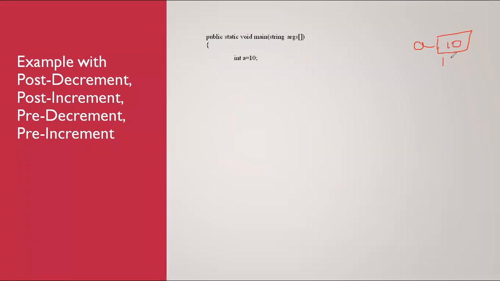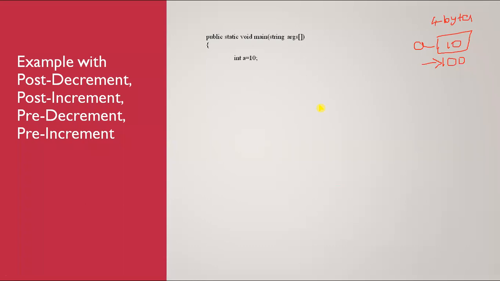Okay, so let us assume that it is inside something called a memory location. Assuming that this is the memory location, the memory location changes from configuration to configuration. So assuming that it has been assigned 4 bytes, and then the value of a is 10, right?